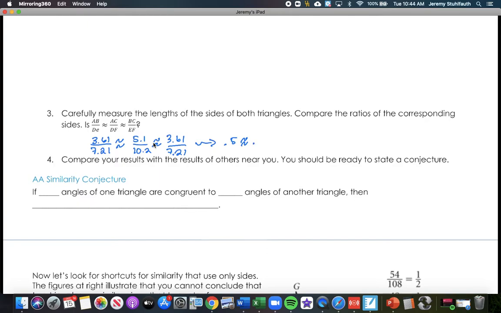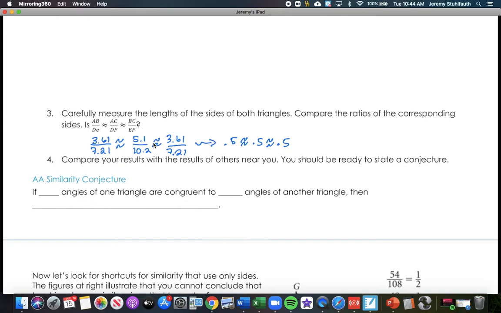And that's approximately equal to 3.61 divided by 7.21, which we know is already 0.5 because it's the same as the first one. So in these two triangles where we had two angles that were the same, it turns out that the ratios of the sides actually were the same as well.